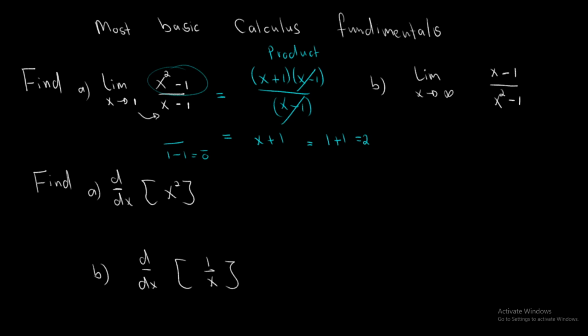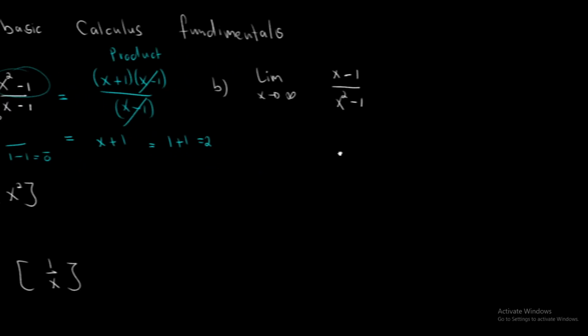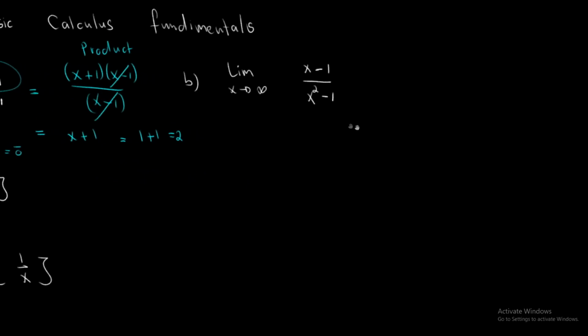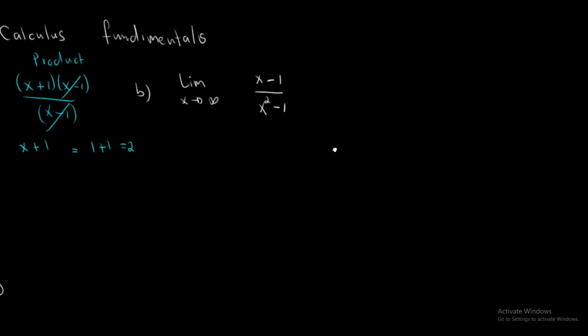What about b? B is a bit tricky, because now you have the same function but just the opposite way around. So what will I do now? I'm going to follow the same process of simplifying. I have x minus 1 over the difference of squares, x plus 1.